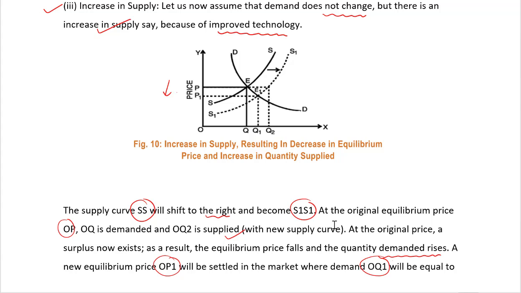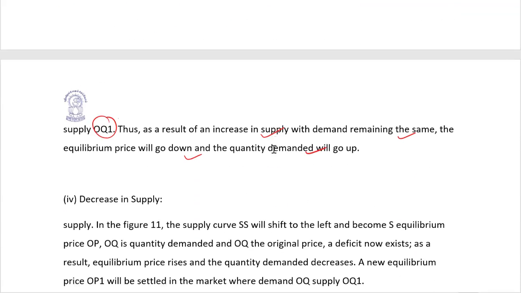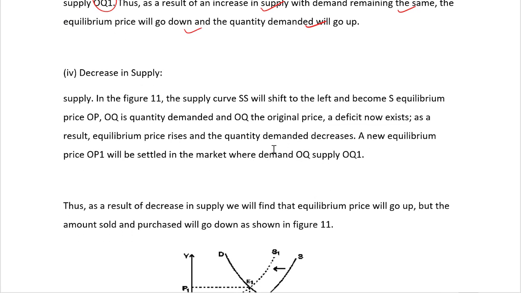Because of the decrease in the price, the demand also increases, and the new equilibrium attained at point E1 is the new equilibrium, Q1 is the new equilibrium quantity, and P1 is the new equilibrium price. Let us continue and see case 4, that is decrease in supply.